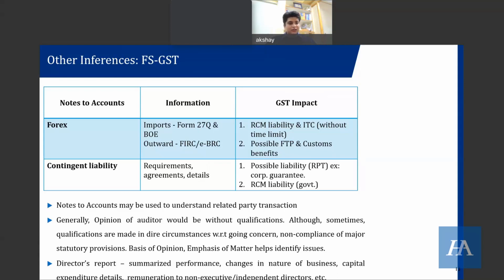So capital expenditure details may be linked to, say, your PLI scheme, state incentives, and even the emphasis of matter being part of your independent auditor's report may help indicate certain issues which you may like to have a look at, and then see the indirect tax implication on the same.